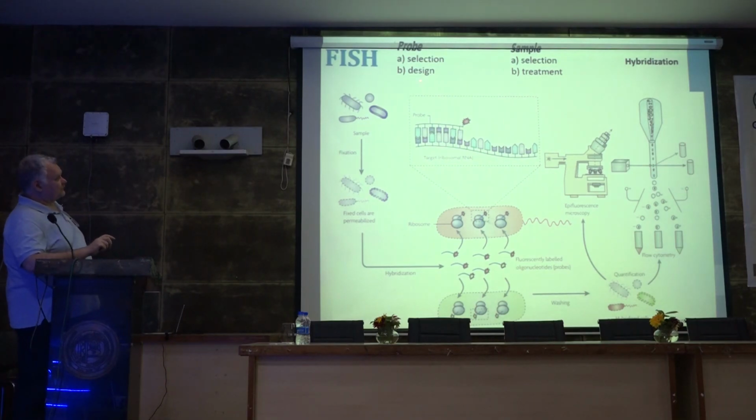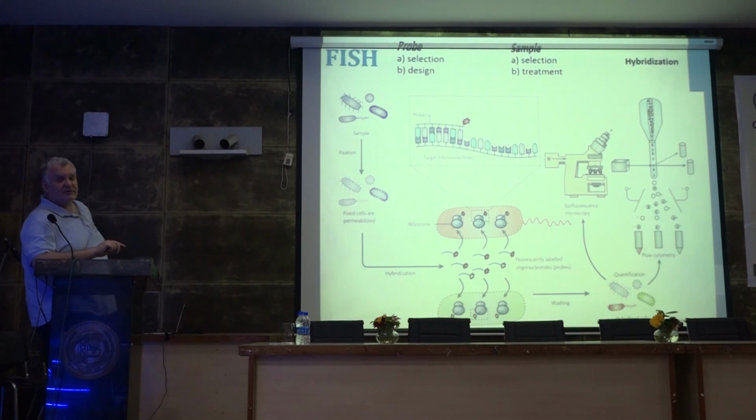So then you design your probe. It's not a really big problem. There are several computer programs these days, it's quite easy. Then you need to select the way of preparing the samples, and you need to perform the hybridization first. You need to find appropriate conditions, because you play with the temperature and the time, to have really specific targeting of your probe with the DNA of your organisms.